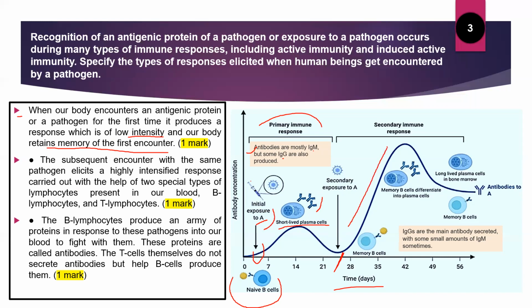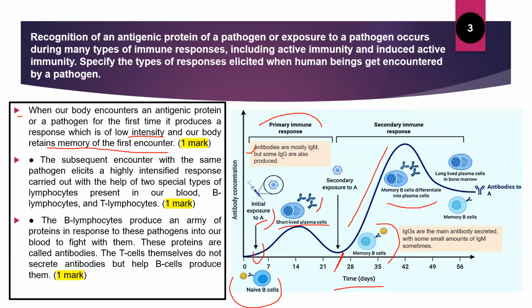Different special types of lymphocytes present in our blood, called B lymphocytes and T lymphocytes, come into play. And we also had mentioned that there is a memory part of the whole immune system. So these memory B cells will differentiate into highly active plasma cells, and these plasma cells will release a lot of antibodies.